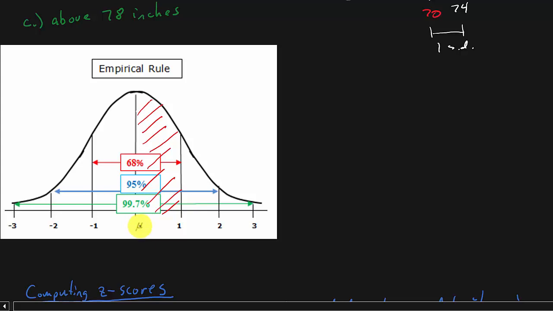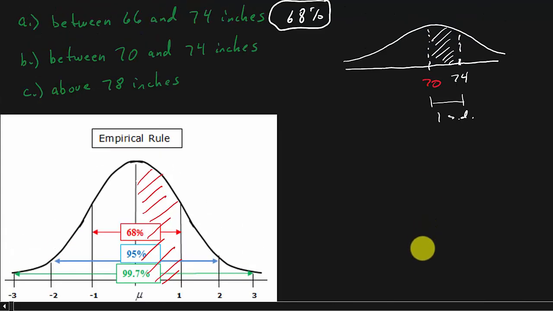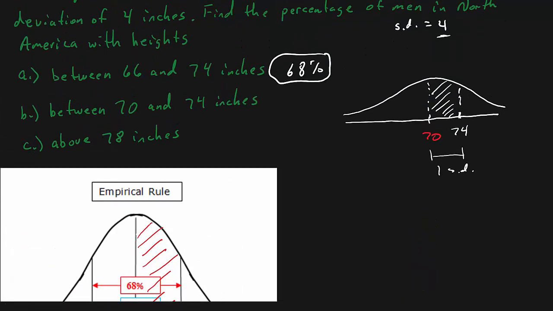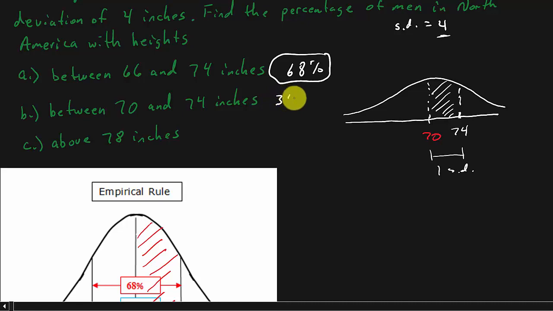So if from here to here is 68%, then from here to here, this part is going to be exactly half of that. Okay, so this one would be 34%.